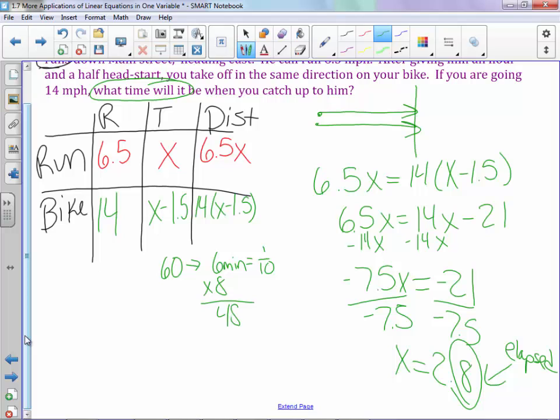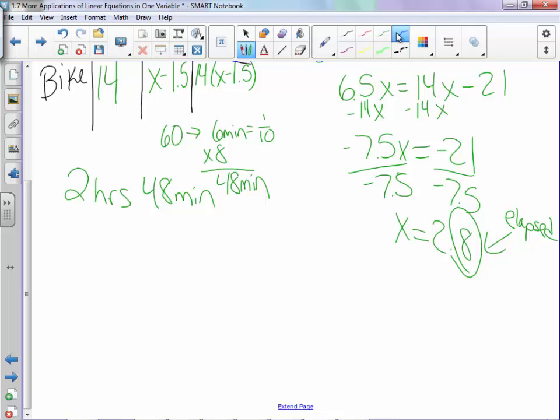So that gives us 48 minutes. So we know the total time elapsed was 2 hours and 48 minutes from when the first person started, because that's what our x was. So then if we left at 10, after 2 hours and 48 minutes, it's going to be 12:48 p.m.